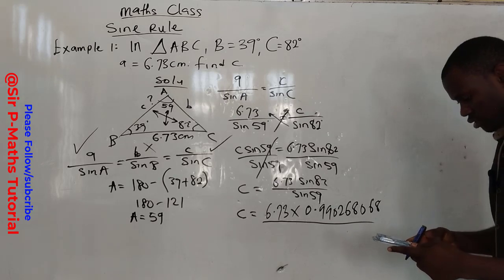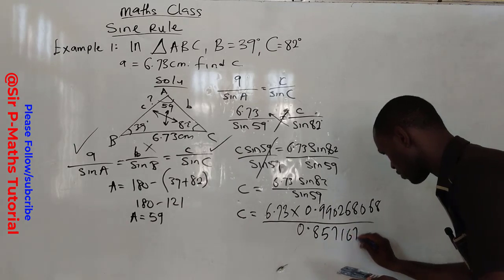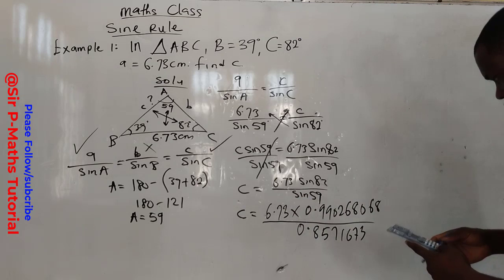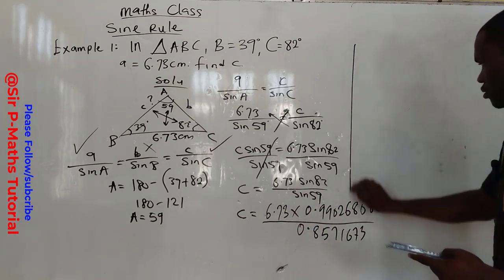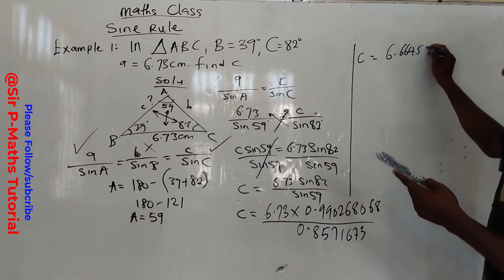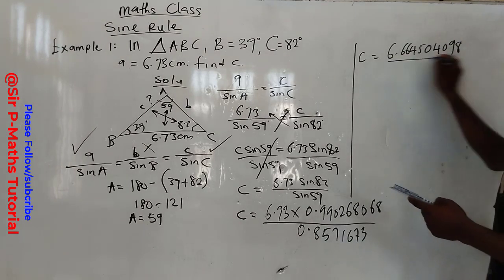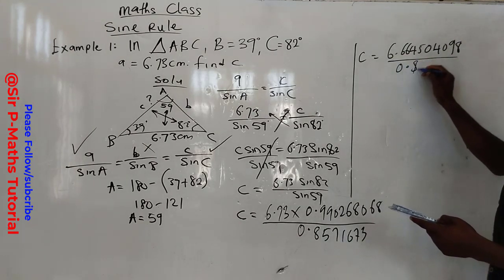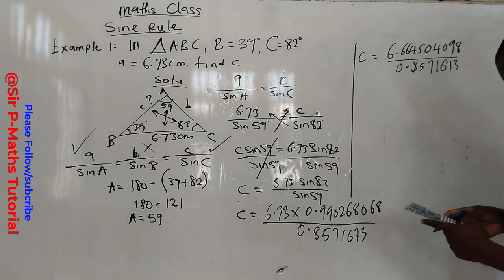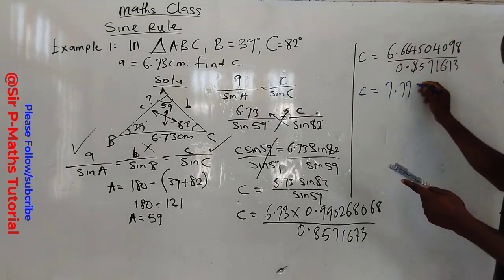Then sine 59 is giving us 0.8571673. Then we multiply. That will give me 6.664504098 over 0.8571673. Then I'll have my c as 7.77.